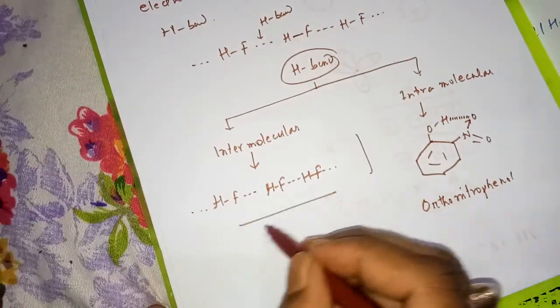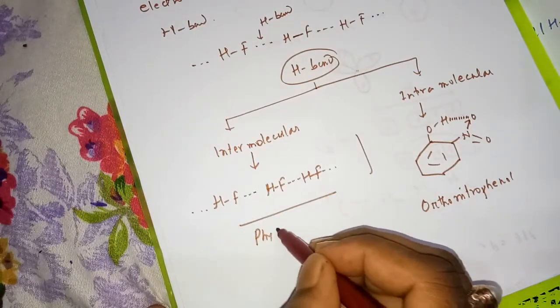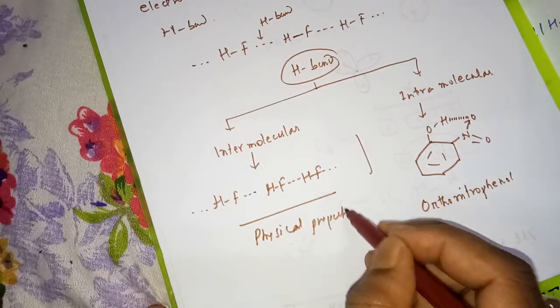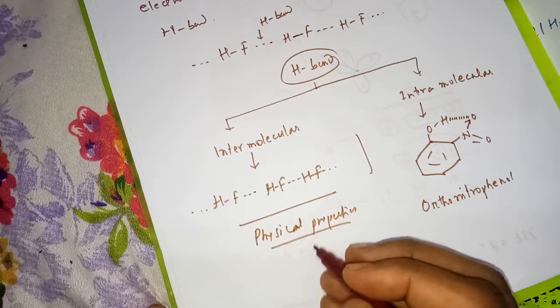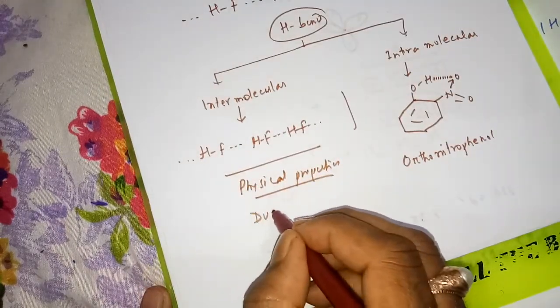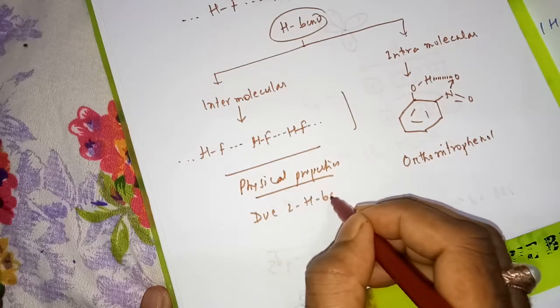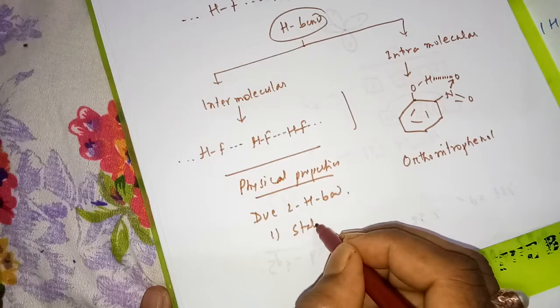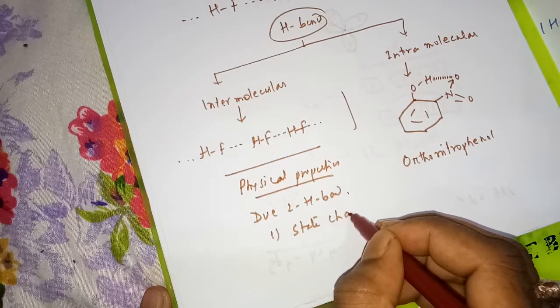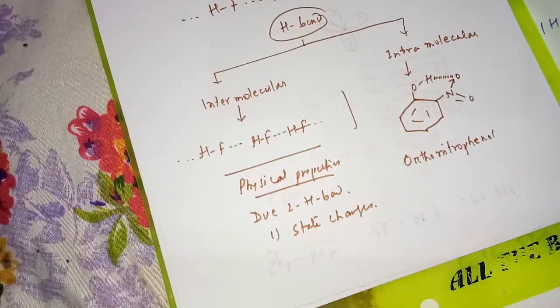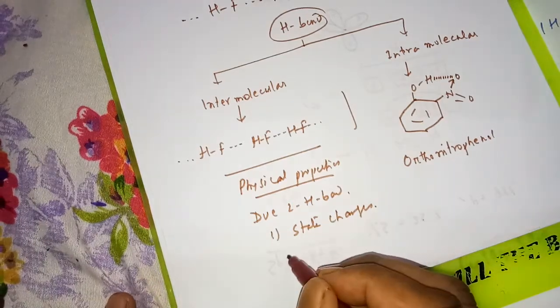Now hydrogen bond affects the physical properties. Due to hydrogen bond, number one, state changes: water remains in the liquid state due to hydrogen bond, whereas H2S remains in the gaseous state.